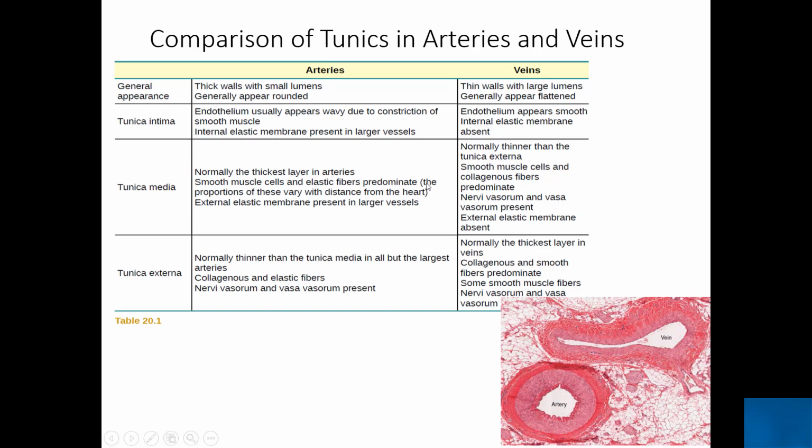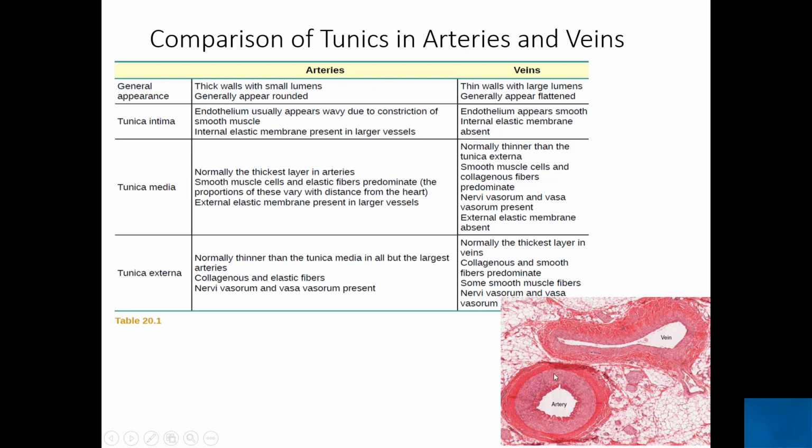There are differences between tunics in arteries and veins, which you need to know. First of all, general appearance. Pay attention. Arteries are round, veins usually look flat. Arteries have thicker walls compared with veins and a small lumen compared with the lumen of veins.